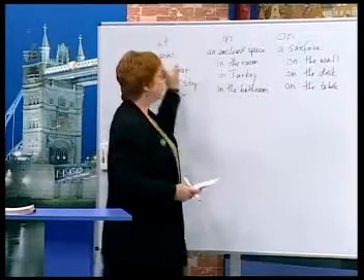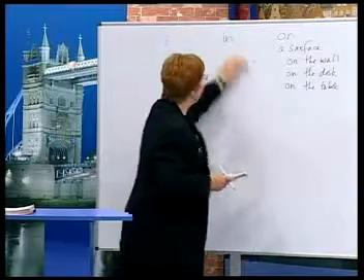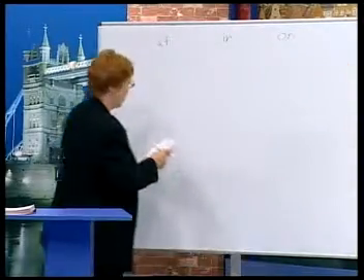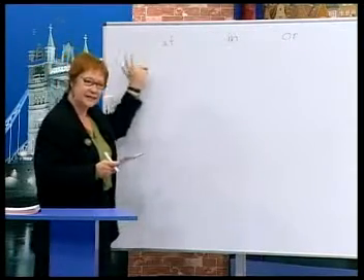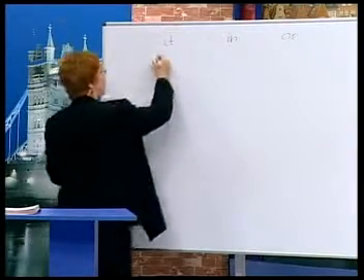Now, we use these with transportation words. Okay, now, let me make some more room here, and we'll show you some examples that are more specific. Okay, now remember, at is a specific place. So here's some examples.